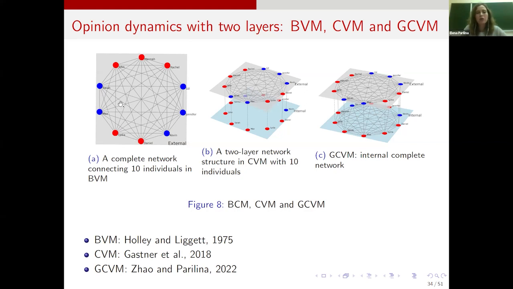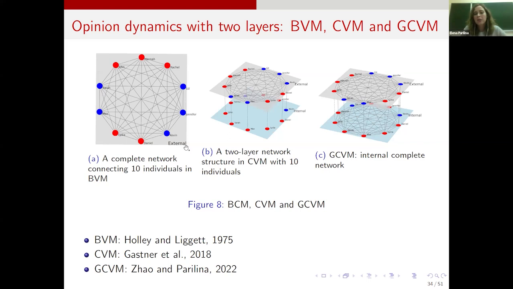This model is called the basic voter model. Here, two players are randomly chosen from the network, and they exchange their opinions. There are some given parameters of changing their opinion, and the authors describe this stochastic process and find some properties, for example whether a consensus is reached, and so on.